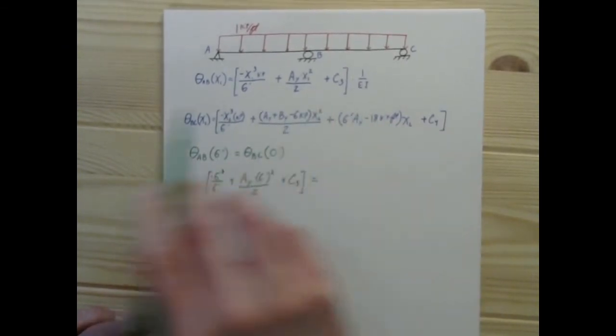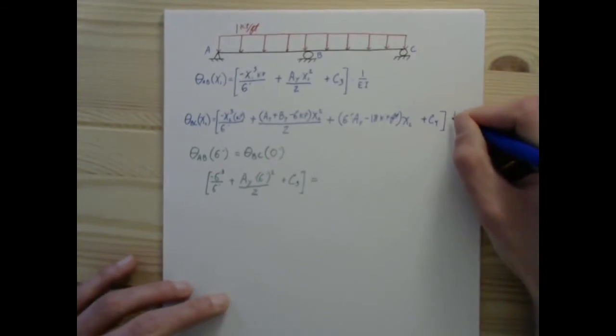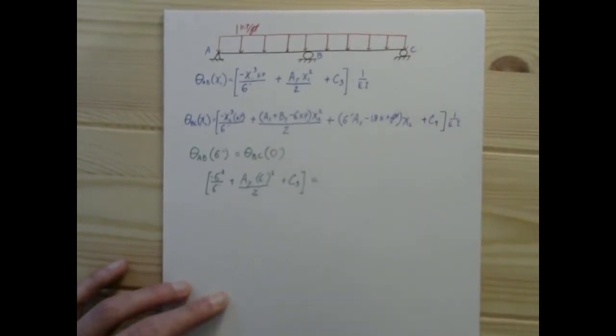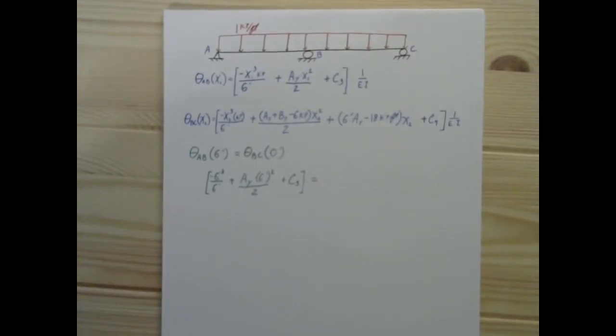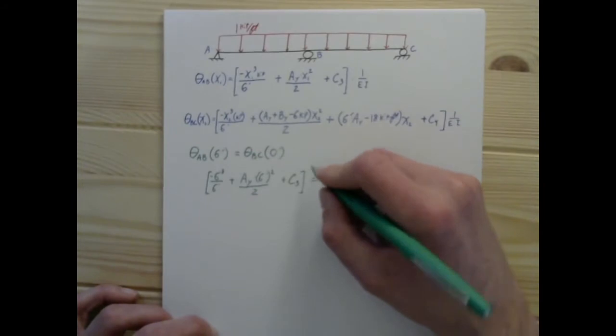Don't worry about that. They don't both have that. They should both have 1 over EI right there. So I'm not going to worry about that. Just multiply both sides by EI.